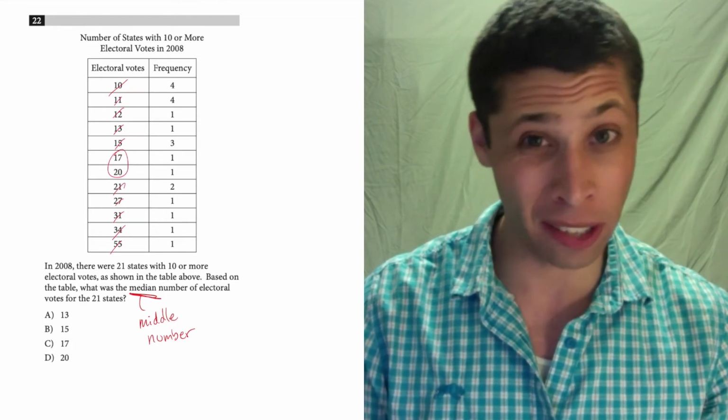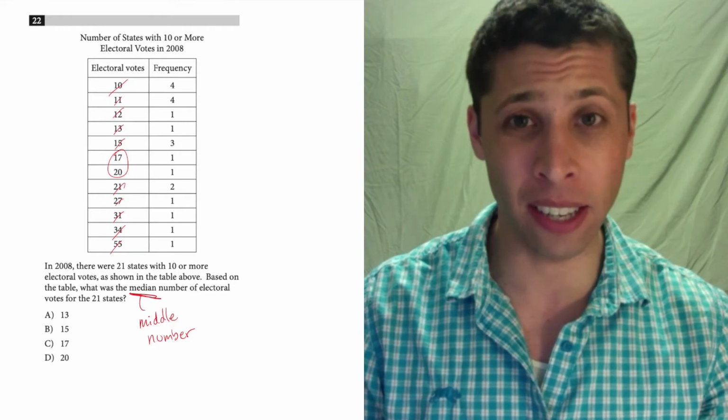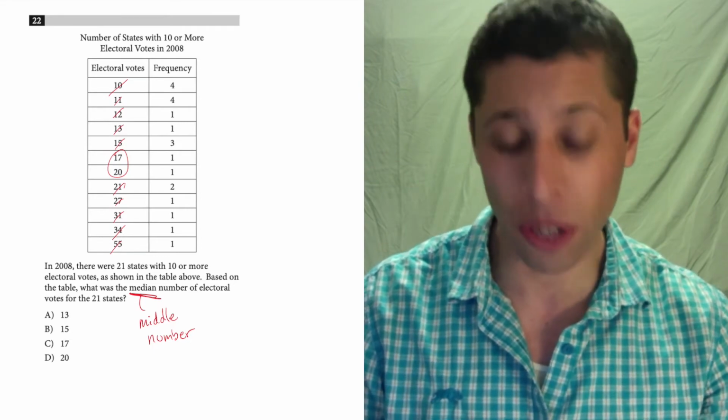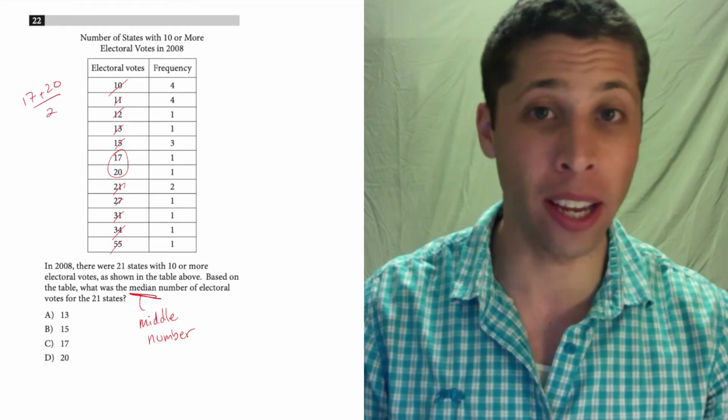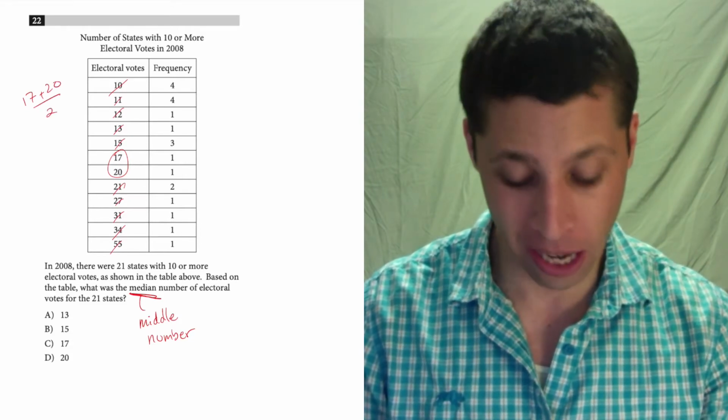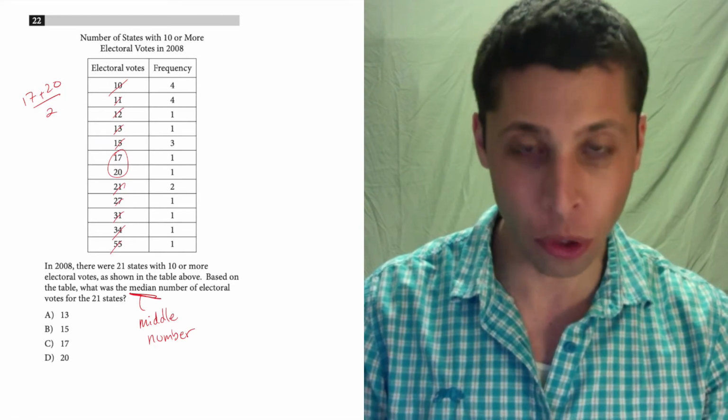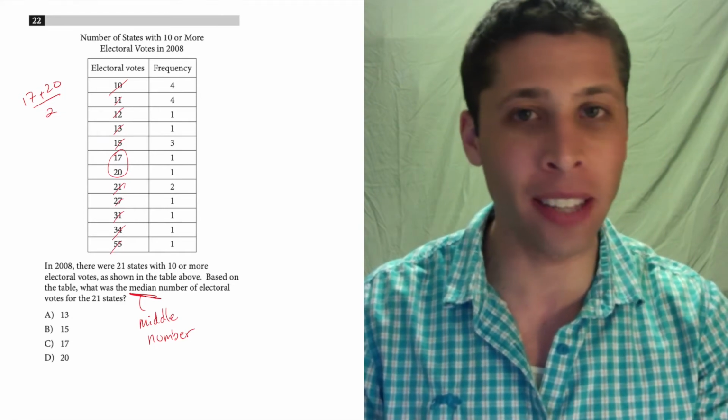Now you should look at the answers and see that doesn't make sense, because when you have a median with an even number, you're supposed to take the average of those two things, which would be neither 17 nor 20. So hopefully, if you tried that, you would sense a problem.